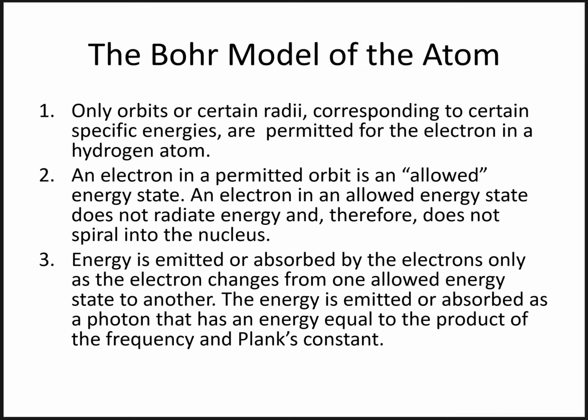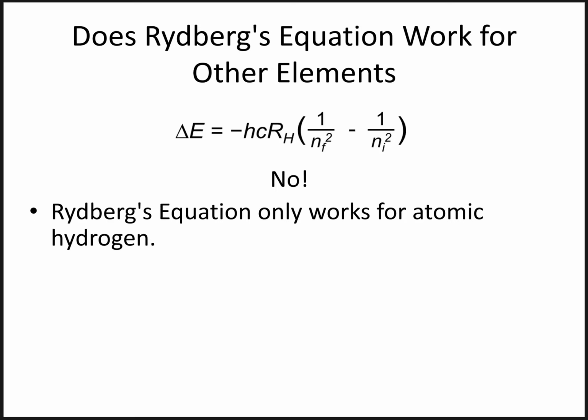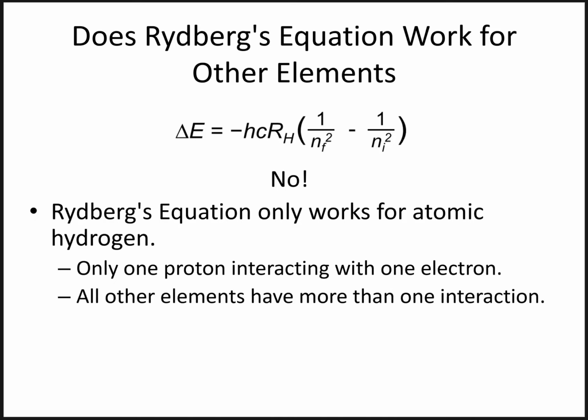Now, can we use Rydberg's equation with other elements? And the answer is no, we can't. Rydberg's equation only worked for hydrogen because it was modeled after a single positive charge interacting with a single negative charge. That is, there's only one proton interacting with one electron. All other elements have more than one interaction.